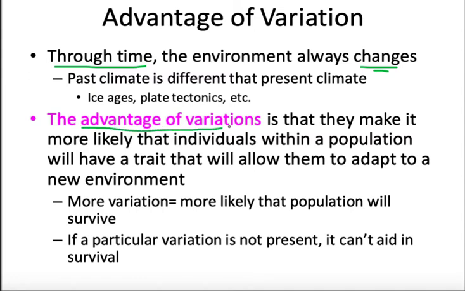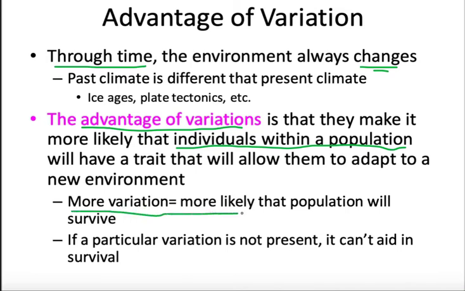Now, the benefit of variations, the advantage of variations, is that they make it more likely that even if you, the 150-year-old tree, are not well suited to your new climate, there will be other individuals within your population that are suited to that new climate. So you, the tree, you're not well off, maybe you die, but the tree next to you was able to tolerate a little bit less rain, right? And so it continues to live, and that means that the species hasn't died off.